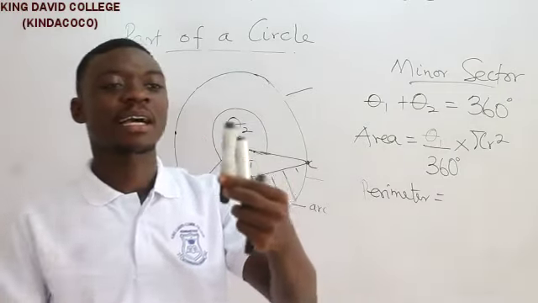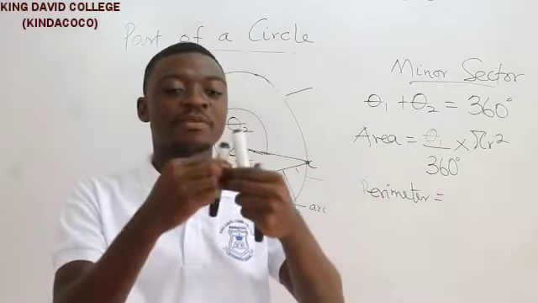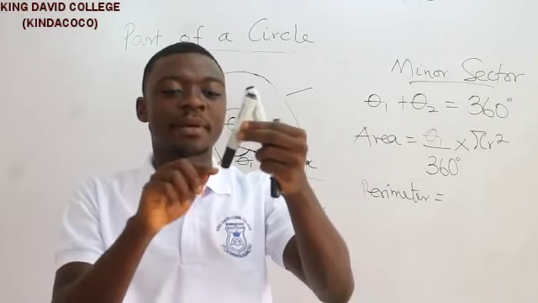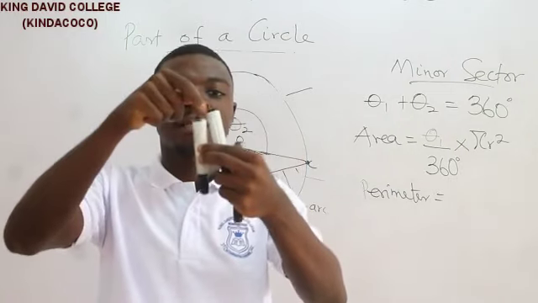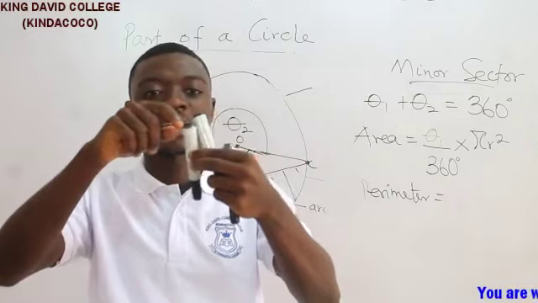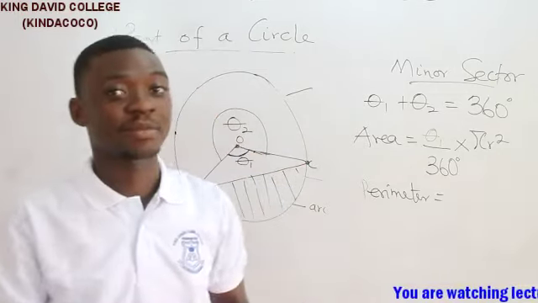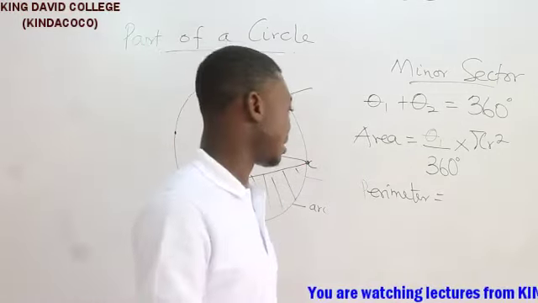Like this marker, the distance around it is going to give me the perimeter. So I will add here, plus this side, plus the top, like that. I'll add all together, and that gives me the perimeter.